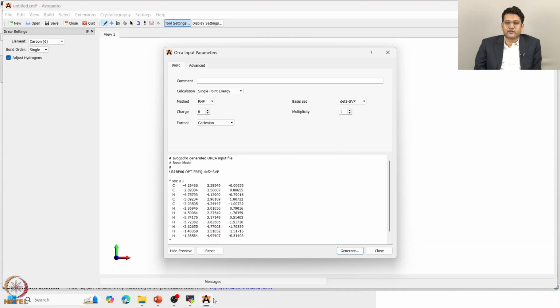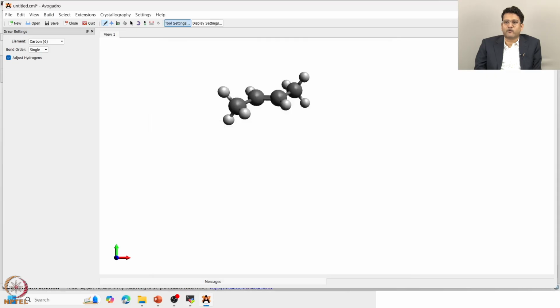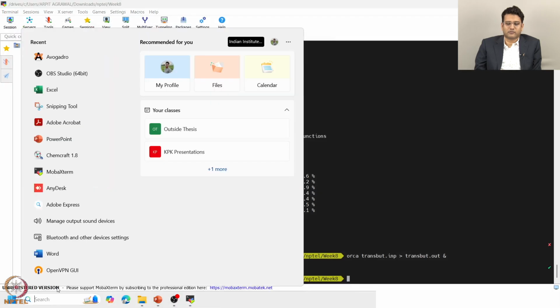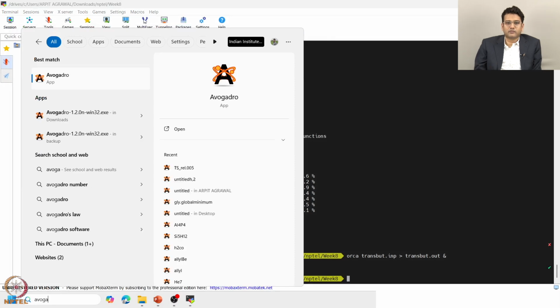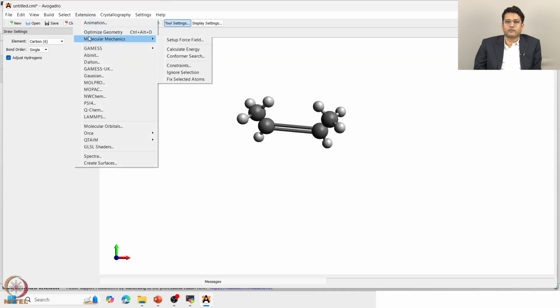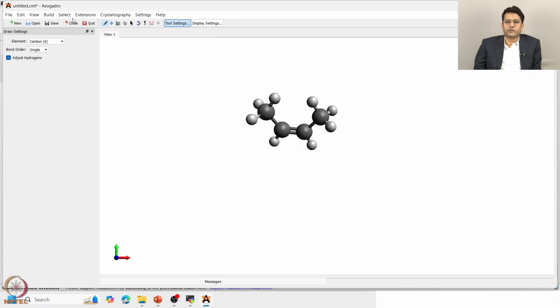Okay, while the job is running, we can also make the input file for the cis one. So carbon double bond, now carbon single bond, so we've optimized it.